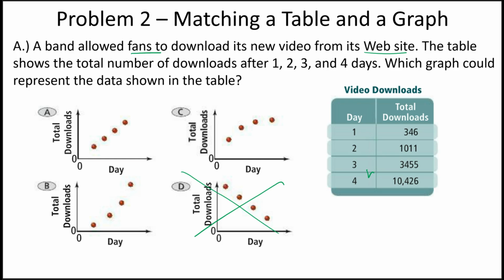If we look at the first one, this one is going up at a steady, constant rate. It has a constant rate of change. This one is going up a little bit and then a lot more and then really quickly. It's not constant. It's changing, but changing very rapidly.